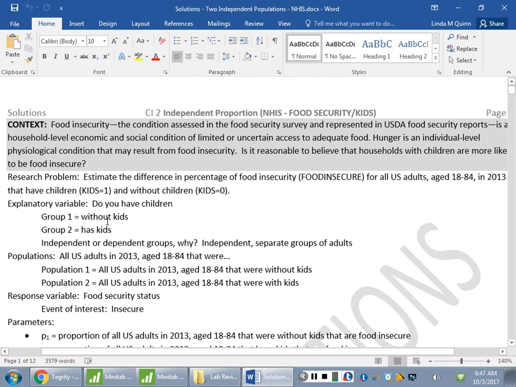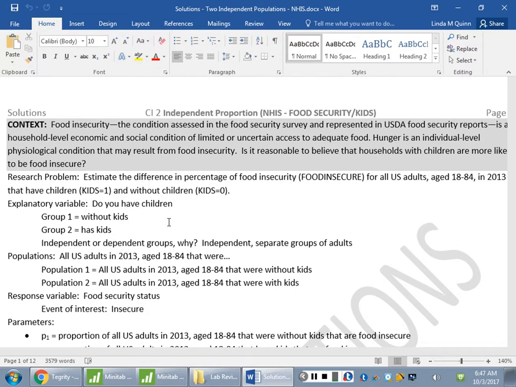So the question might be, which order do you put the groups in? You can pick whichever group order you want. I like to think about how the data is actually organized. Since the data is organized that kids equals 0, which is without kids, and kids equals 1 is with kids, if Minitab defaults for the group order, then it's going to pick 0, 1.